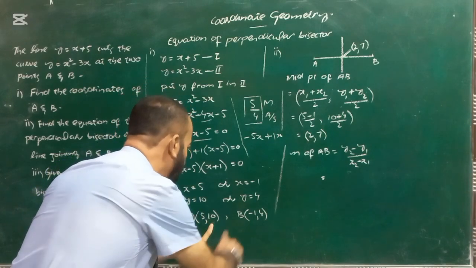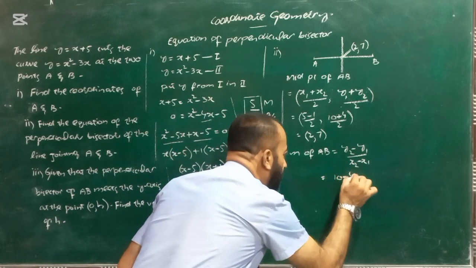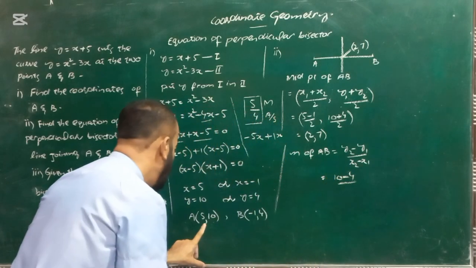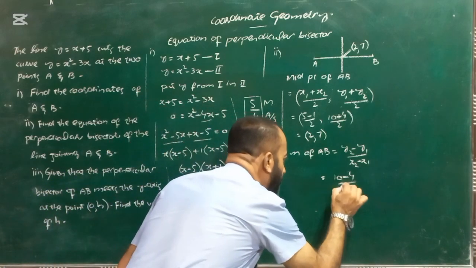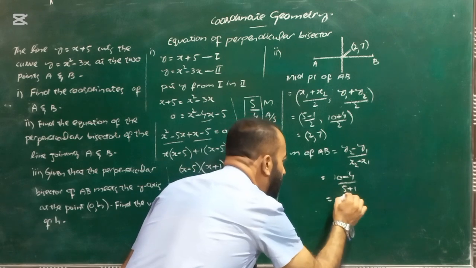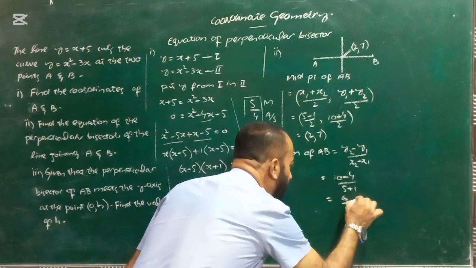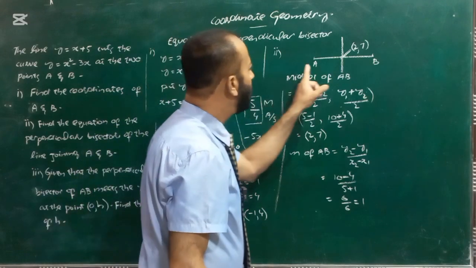So y2 minus y1, so 10 minus 4, over x2 minus x1, so 5 minus minus 1 will be 5 plus 1. From here 6 by 6 will be equal to 1. Okay, this is the gradient of AB.